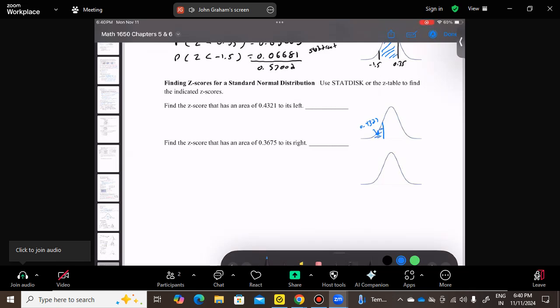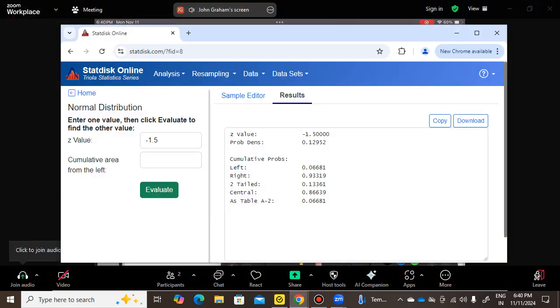So we're going to put our area to the left equal to 0.4321. So get rid of anything in the z-score, 0.4321, and we get a z-score, z equaling negative 0.17103.